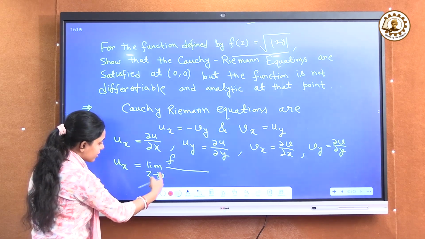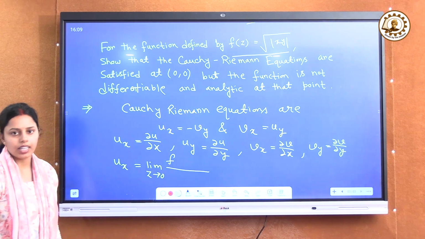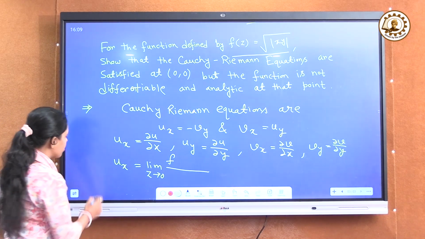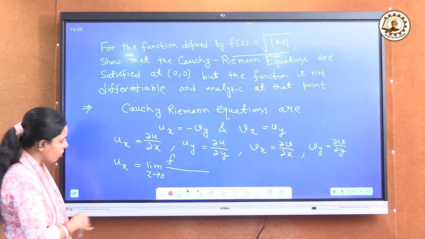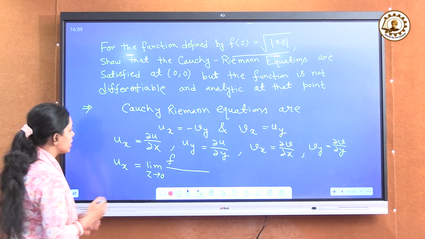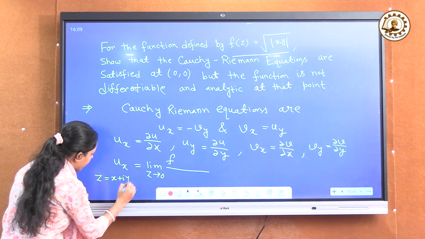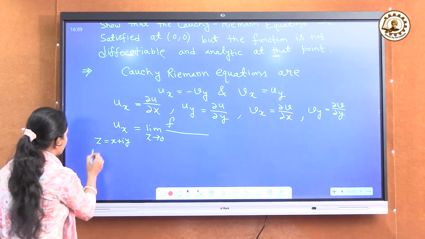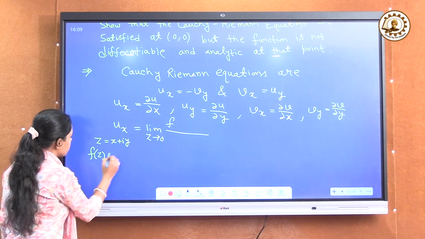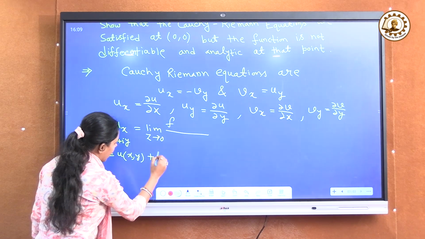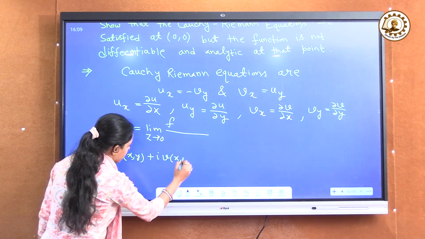Here z is a complex variable of the form x plus iy, so f of z is equal to u of xy plus i v of xy.